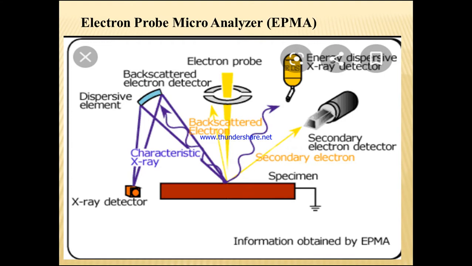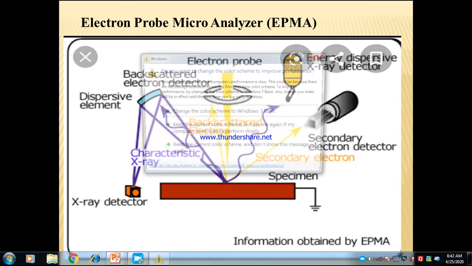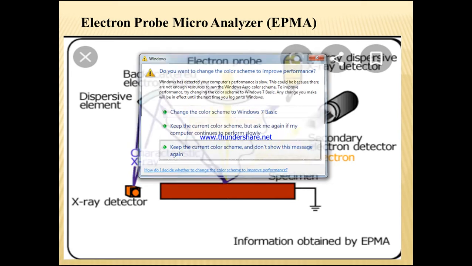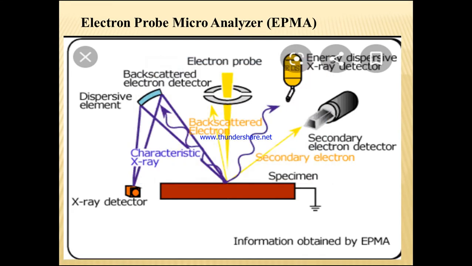The electron probe microanalyzer was made available in 1958 by the French company called Cameca. It is a non-destructive type of analyzer, which can perform the chemical analysis of solid samples of minute particles.